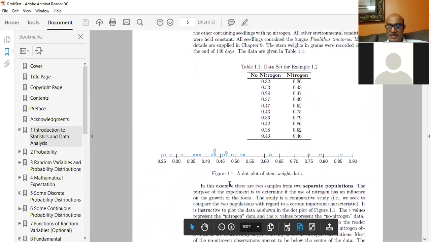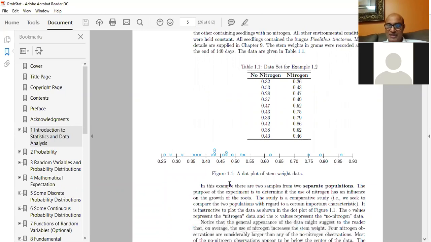Now you can see here, in this example, there are two samples from two separate populations. The purpose of the experiment is to determine if the use of nitrogen has an influence on the growth of the roots or not. The study is a comparative study, and it is instructive to plot the data as shown in the dot plot, this figure.